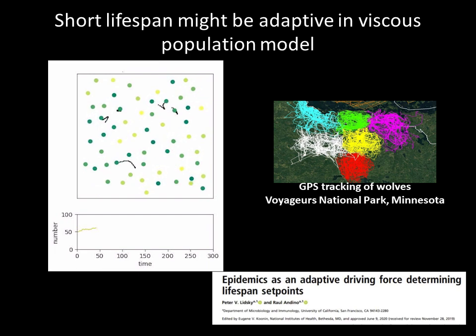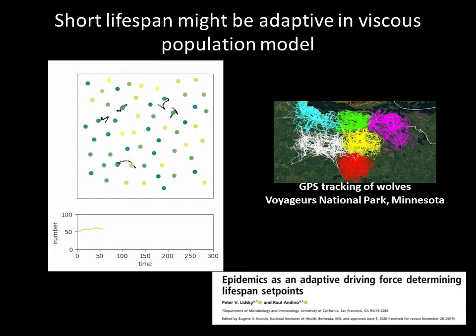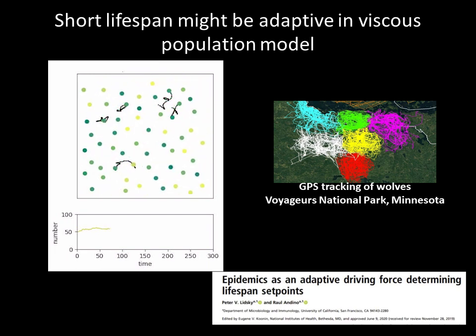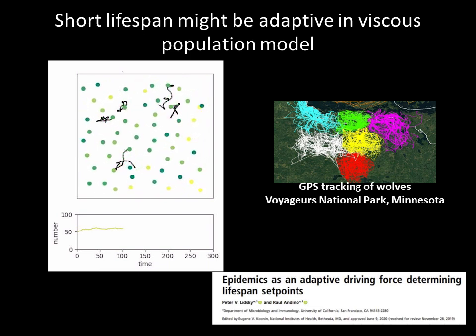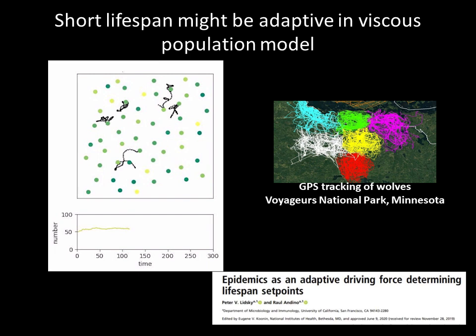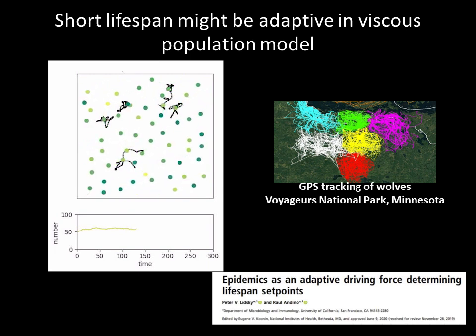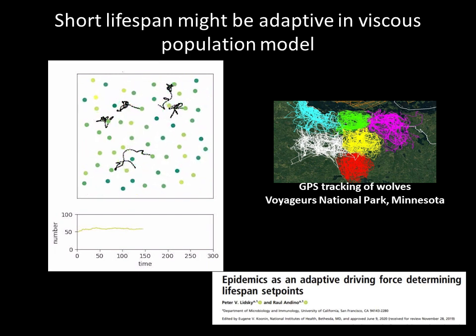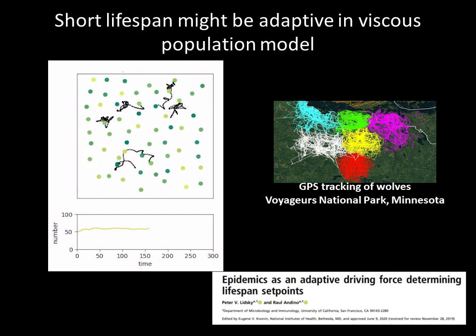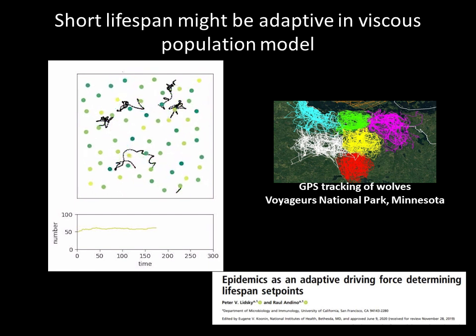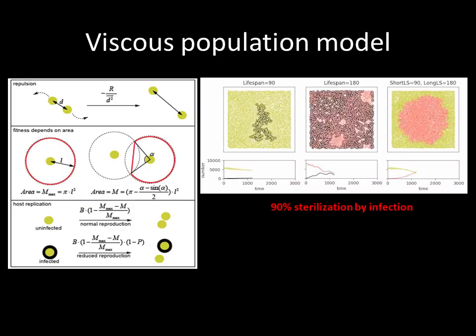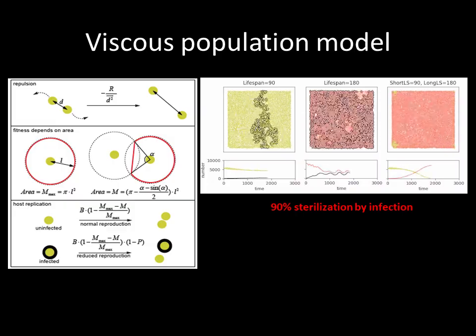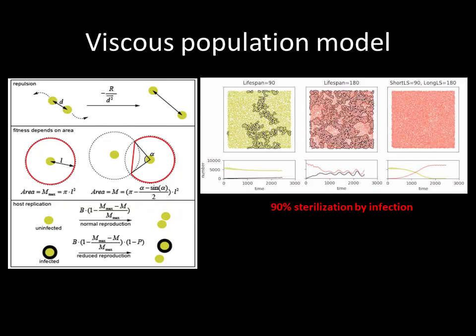On the right, you see the wolf tract in Minnesota. And here is our viscous population modeling, where individuals are rejecting each other. If they meet, they try to stay away in order to maximize their territories. Territories mean resources. The bigger the territory, the better the reproduction.